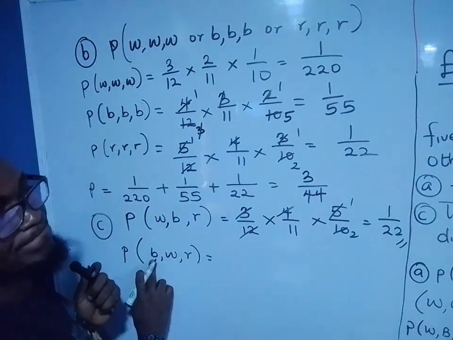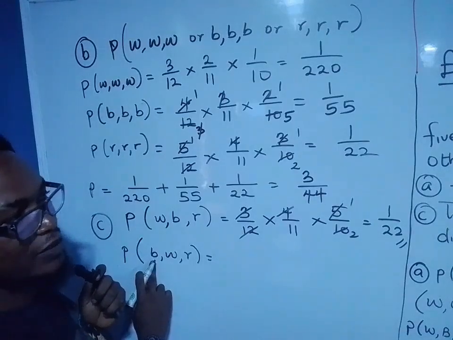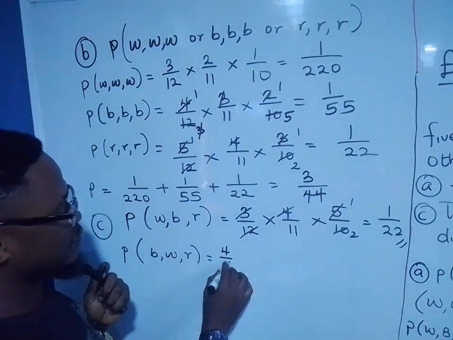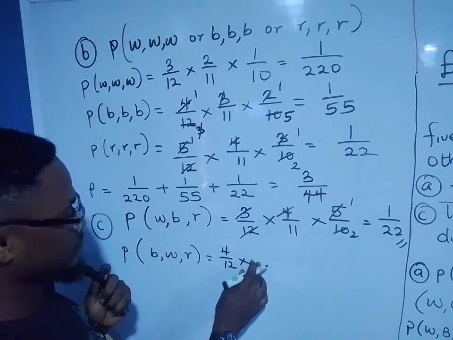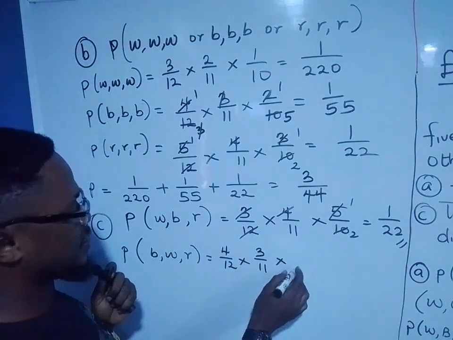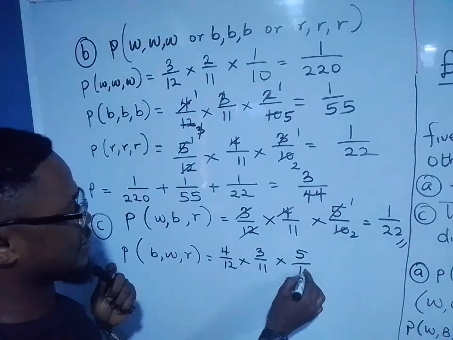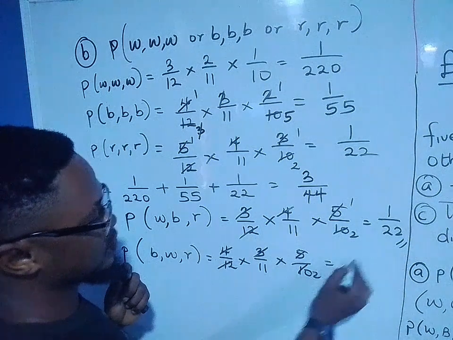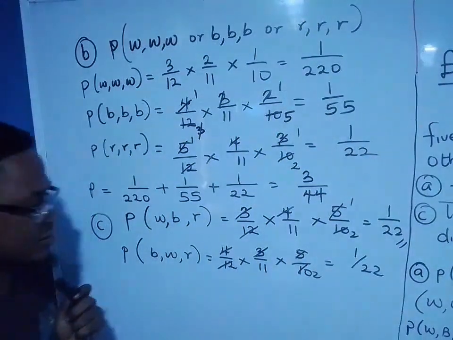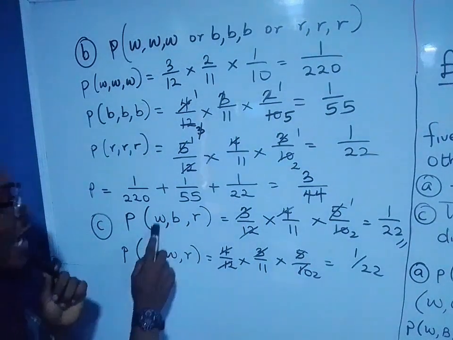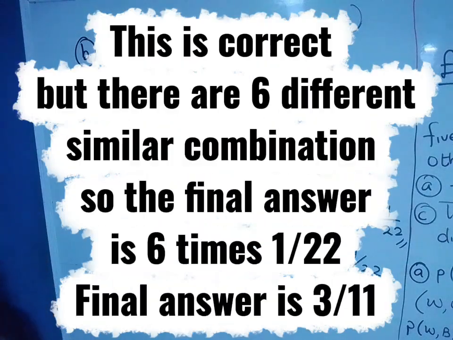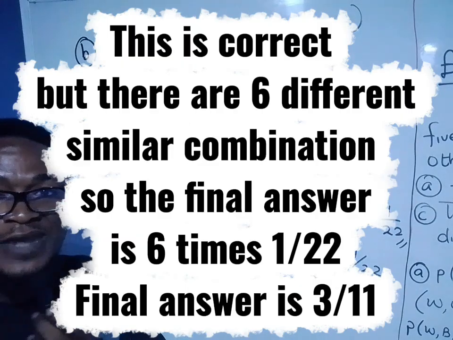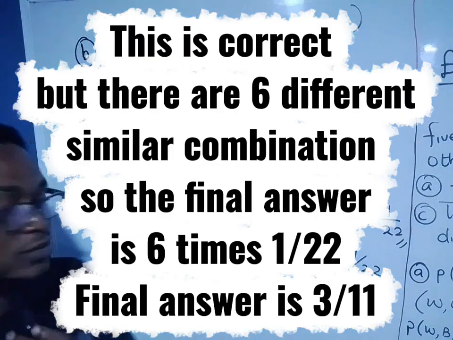Blue is 4/12 times next one 3/11, and the next one 5/10. Let's see. This and this will give us, okay, so it's still 1/22. So it's still the same thing. So whether you do white, blue, red, or blue, white, red, or anyhow you do it, you are supposed to get 1/22.